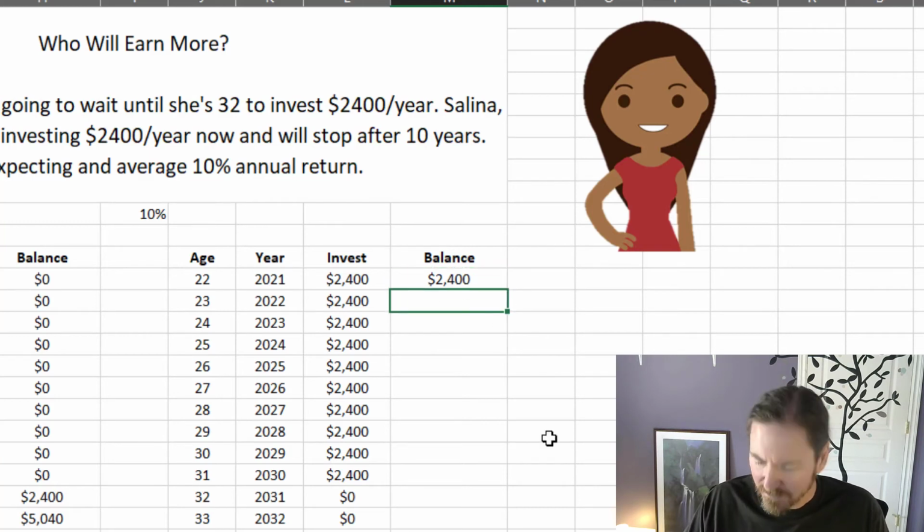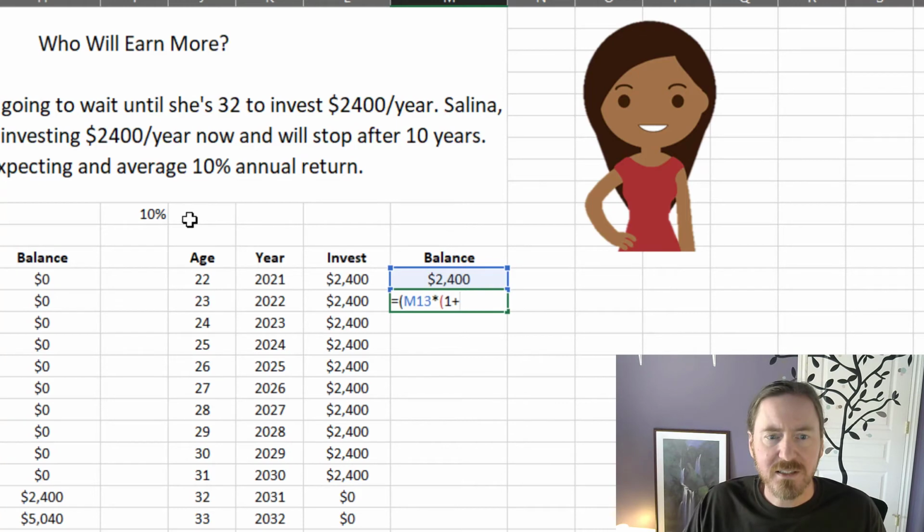However, again, I could be copying this formula over, of course, but let's type it again to make sure we've got it. Equals the parentheses, previous balance times parentheses 1 plus my interest rate, absolute, closing parentheses, and then closing parentheses, plus, and then I can't click on that cell, so I'll just have to look.